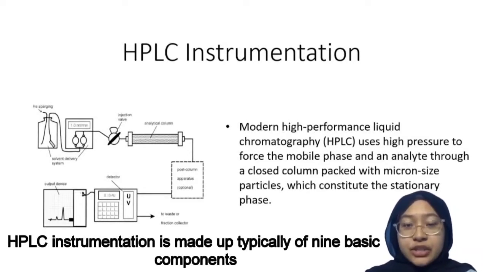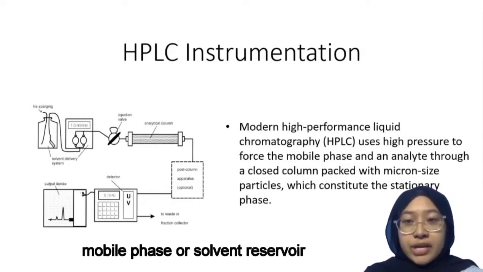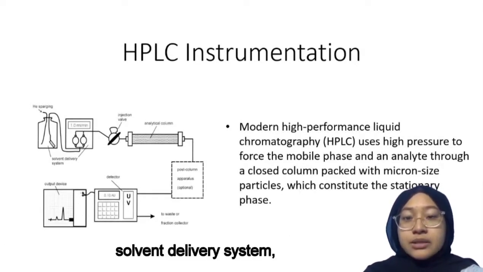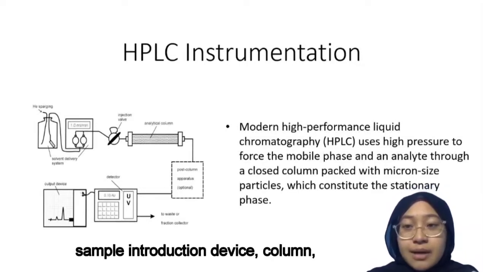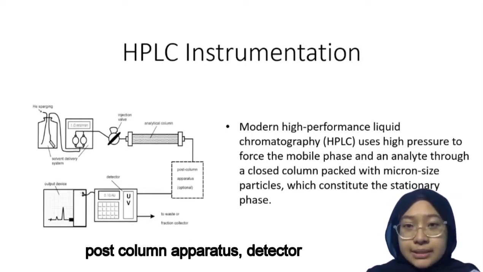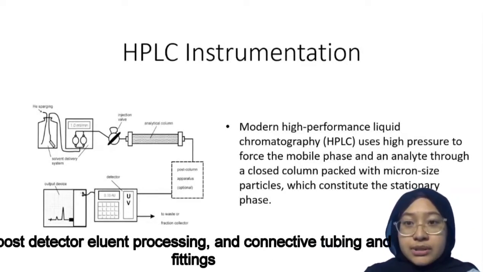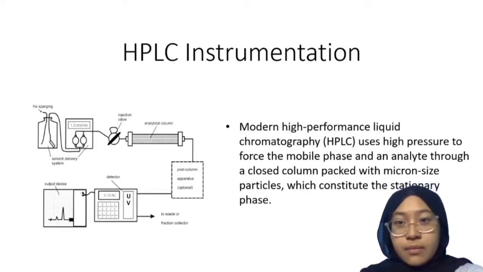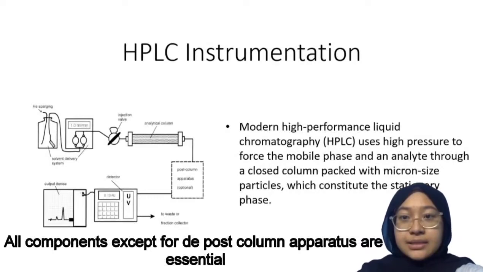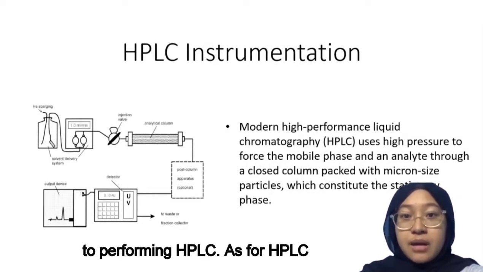HPLC instrumentation is typically made up of 9 basic components: mobile phase or solvent reservoir, solvent delivery system, sample introduction device, column, post-column apparatus, detector, data collection and output system, post-detector eluent processing, and connective tubing and fittings. All components except for the post-column apparatus are essential to performing HPLC.